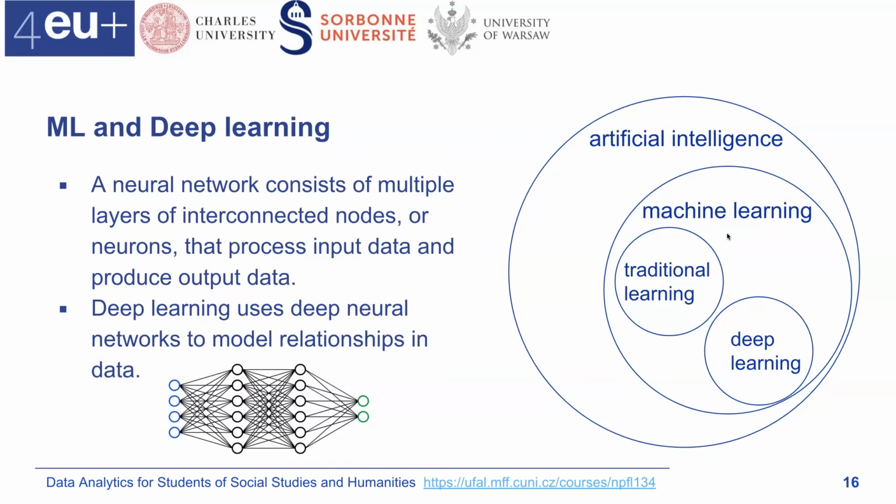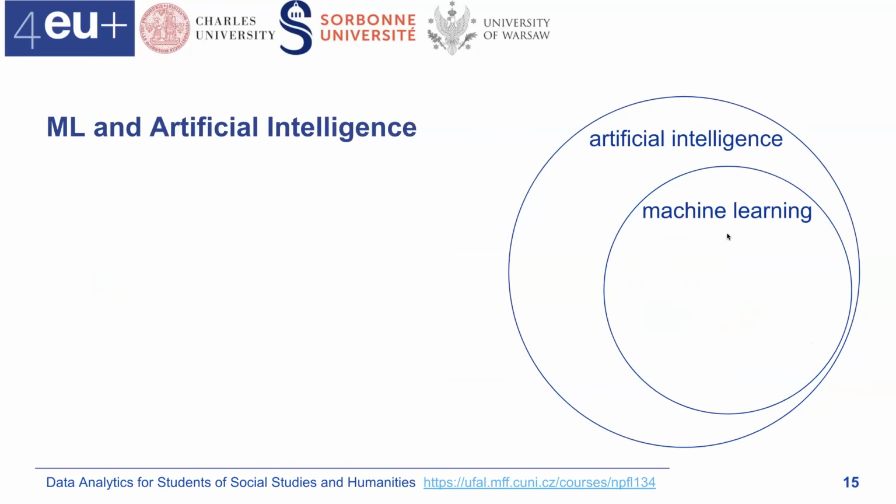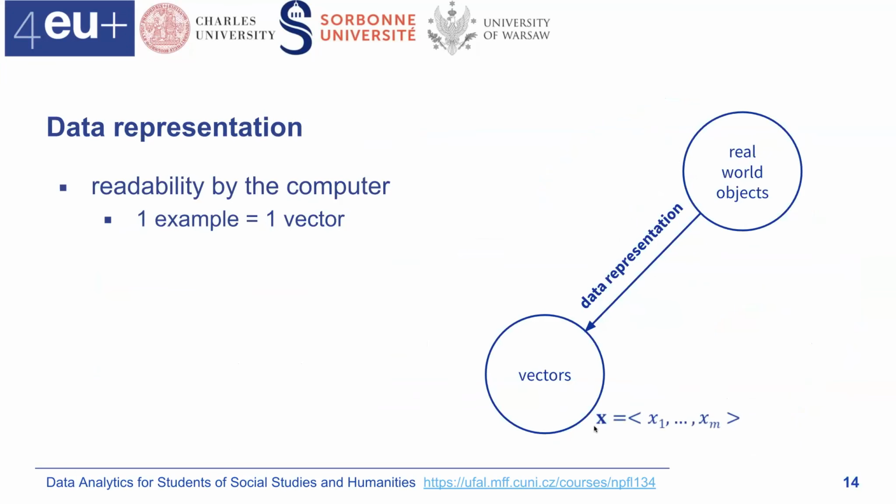handcrafted feature engineering. Going back to data representation, we represent real-world objects using vectors. It means that we have to select some attributes or features with which we describe real-world objects. For example, in spam detection, I mentioned two possible features: the number of sentences in the document and the number of geographical names in the document.